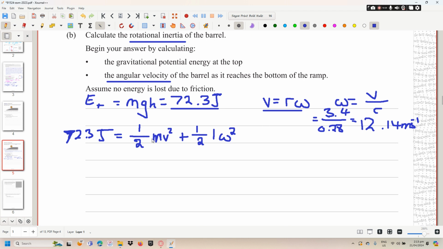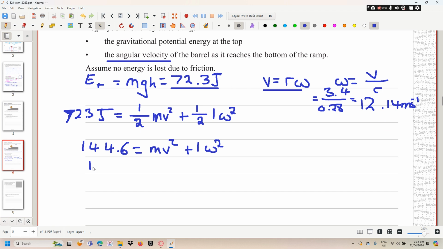Now, we actually know all these variables except for I. So what I'm going to do is multiply everything by 2. 72.3 times 2, I get 144.6 equals mv squared plus Iw squared. And I'm then going to say, well, 144.6 minus mv squared, divided by w squared, is equal to I.